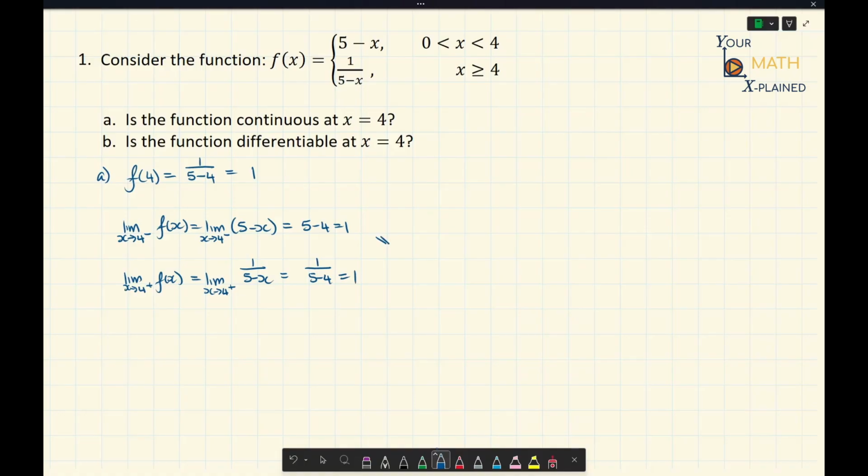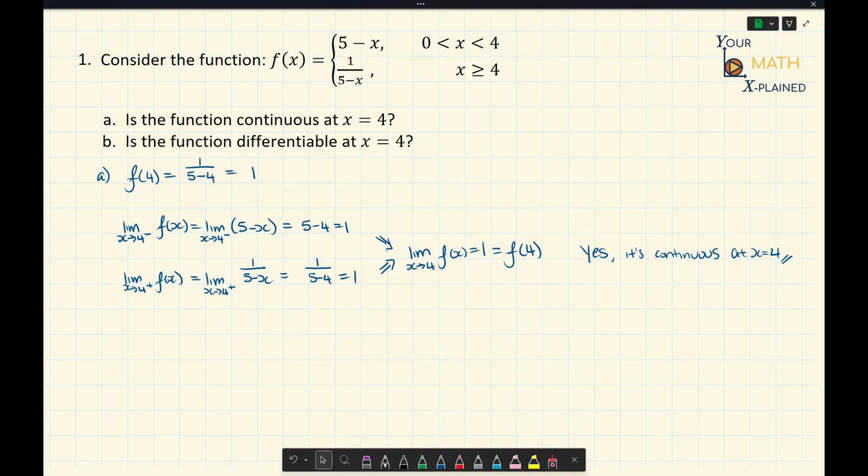And since the left side limit and the right side limit are both equal to 1, the overall limit as x approaches 4 for our function is equal to 1. And this is equal to the function evaluated at 4. So therefore, we can say that, yes, it is continuous at x equals 4.